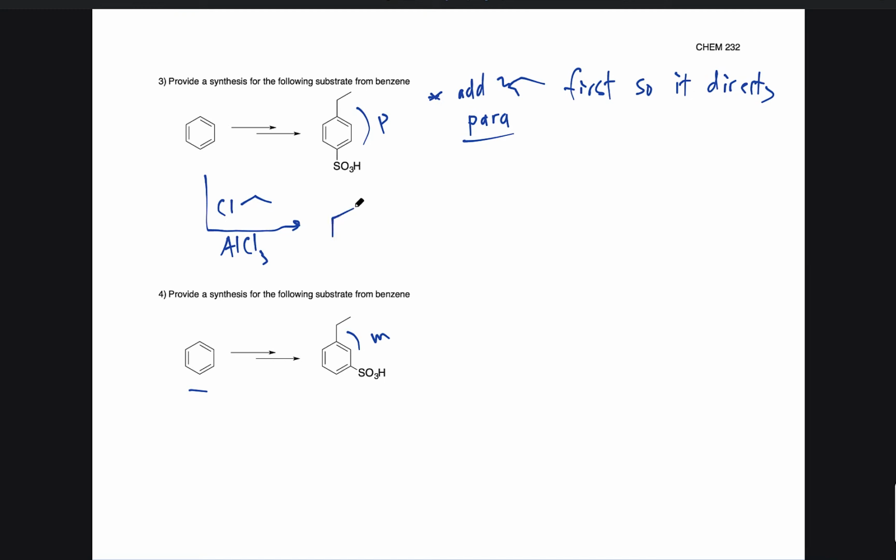And while we may get multiple products, remember how we said in class and in the video last time, we can potentially get more than one reaction happening. We end with this ethyl benzene, but we can react it further, which is problematic.